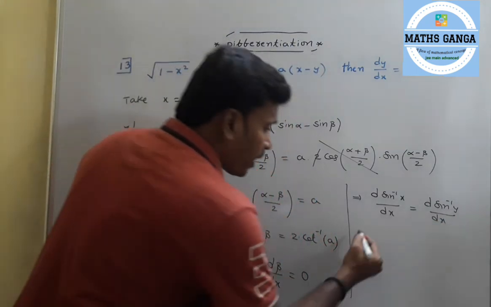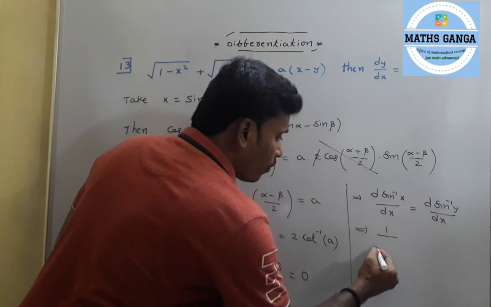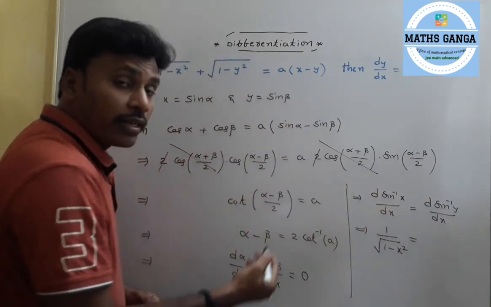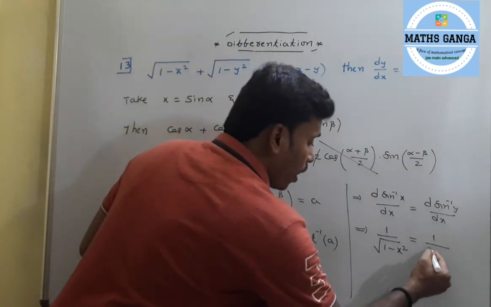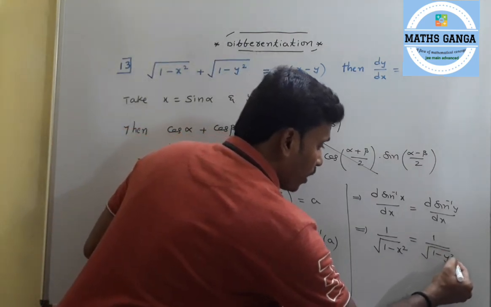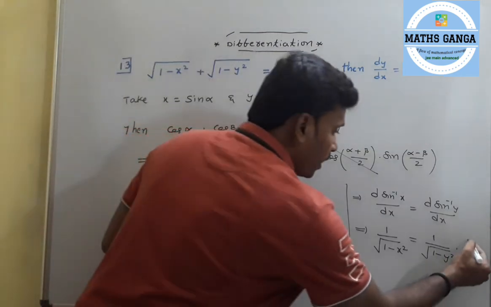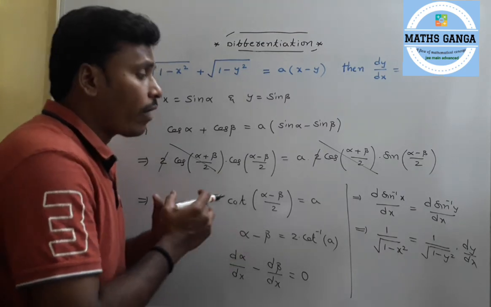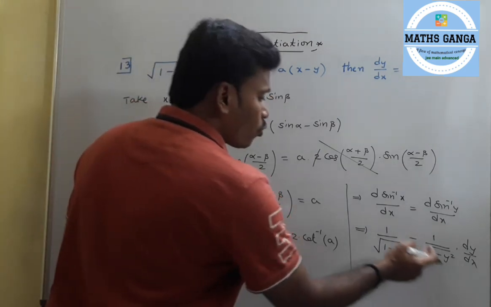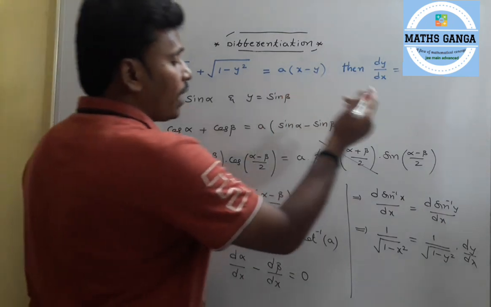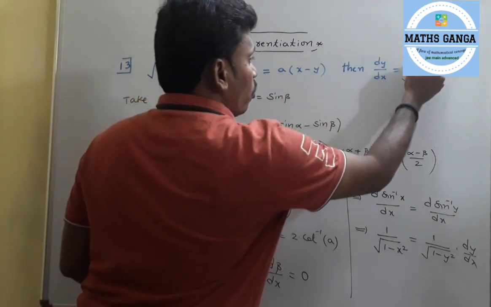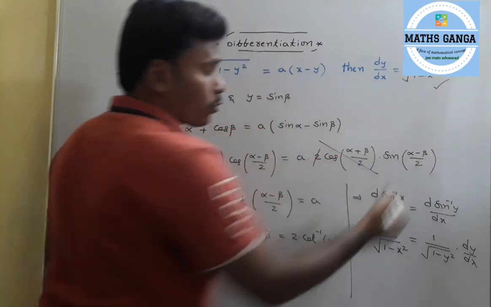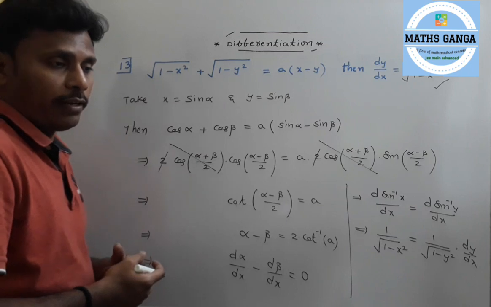Now sin inverse x with respect to x, its derivative is 1 by root 1 minus x square, and that side derivative of sin inverse y is 1 by root 1 minus y square into, for y the derivative is dy by dx. Since our task is to find dy by dx, simply send this root 1 minus y square to this side. So dy by dx finally becomes square root of 1 minus y square divided by 1 minus x square. And that's the answer finally. Have a look.